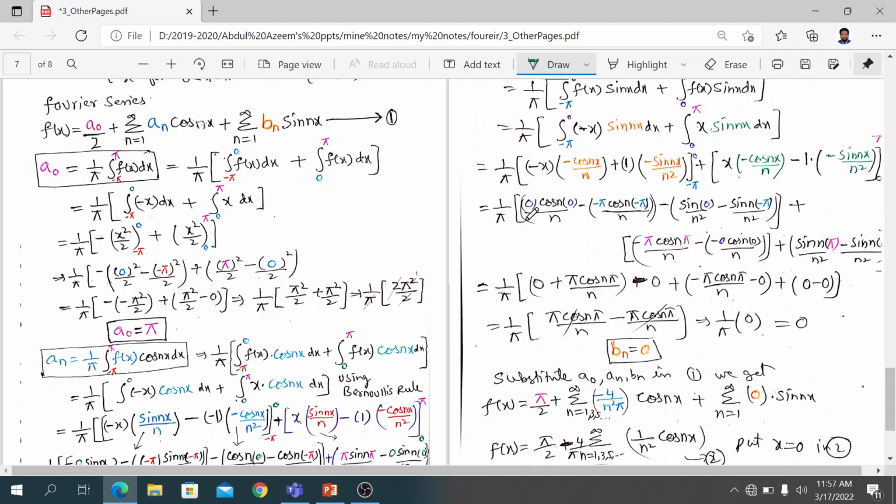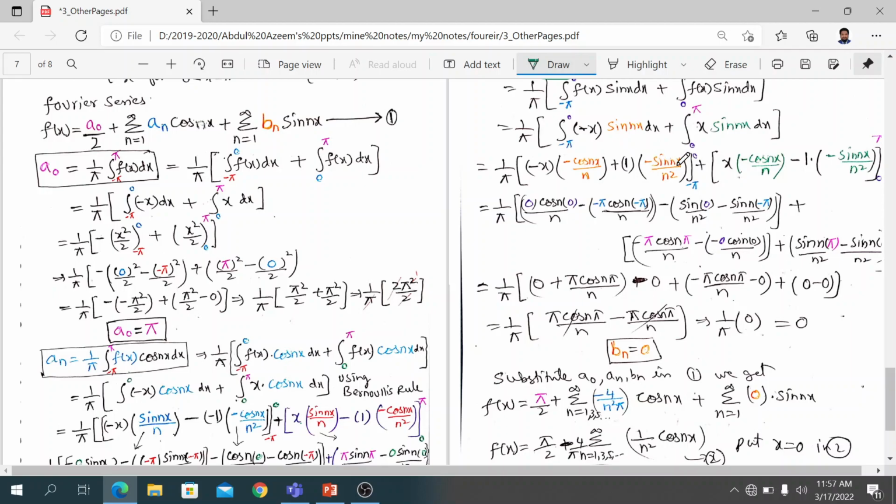So 1 by pi. Now for this, upper limit minus lower limit. Here the upper limit is 0, the lower limit is minus pi. Minus 0, minus into minus plus, 0 sin n 0 by n, minus the formula, minus of minus pi cos n into minus pi by n, for this upper limit minus lower limit.